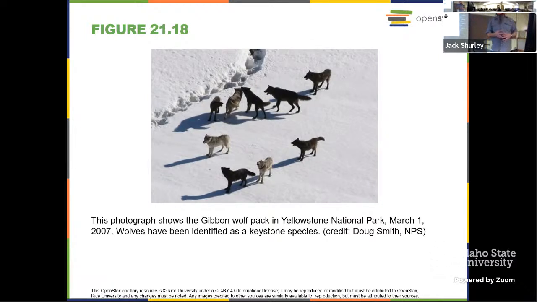They recognized with the removal of the wolves in the very early 1900s that the habitat was being altered, and it took decades to truly recognize why. The answer was wolves.